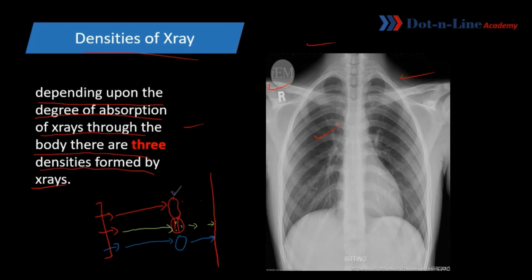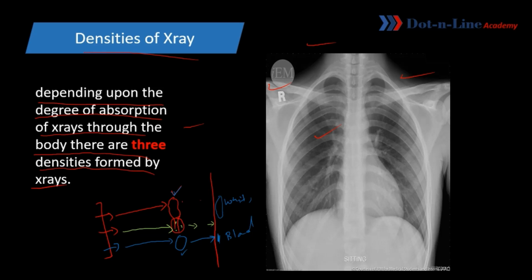The dense structure will be shown on the X-ray film as white because there will be no X-rays striking the film, and opposite to that, the structure that was allowing the X-rays to pass will strike the film and will be shown black.